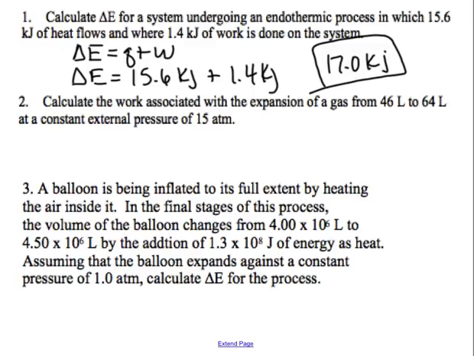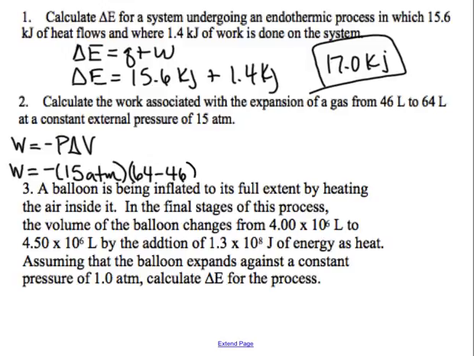Calculate the work associated with the expansion of gas. So we're looking for the work calculation. What does work equal to? Negative P delta V. Work is equal to negative, they're telling us 15 atmospheres, delta V, it's final minus initial, so it's 64 minus 46 liters.